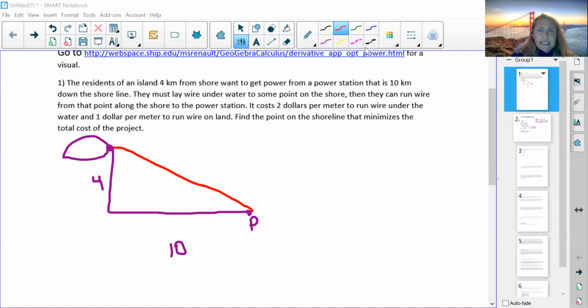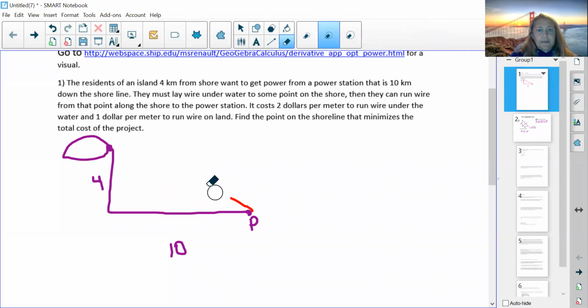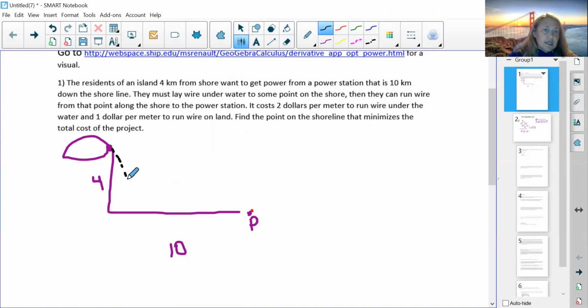I'm going to probably just erase this because I know that's not a good idea. And what I'm going to do is a path, like this black dotted line is going to be my path.